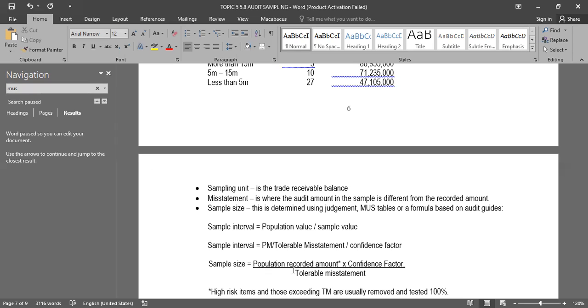Now from this, you can actually come up with the sample size formula by making one the subject.